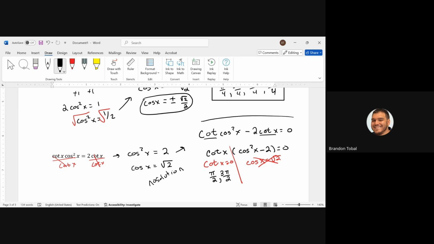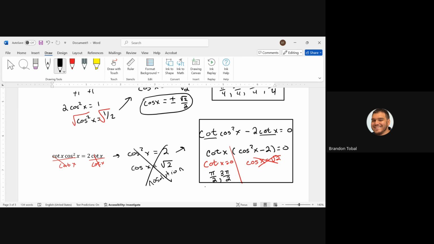You have to do it this way. No, it's not no solution. You cannot do this. The reason I'm pointing this out is that's not allowed. You can't just divide the cotangent. You don't want to eliminate it like that. You want to subtract the 2 cotangent x and then factor, okay? Just to be clear, right? So your answer is pi over 2, 3 pi over 2.